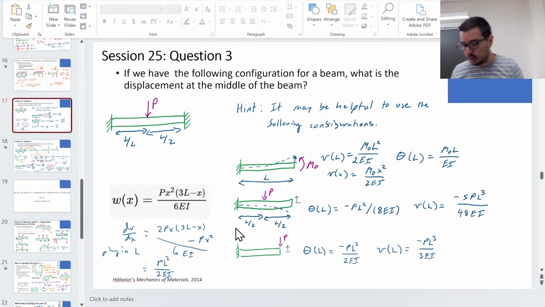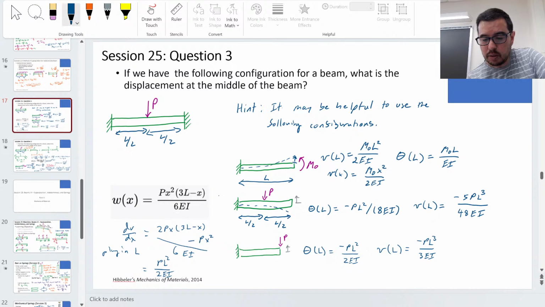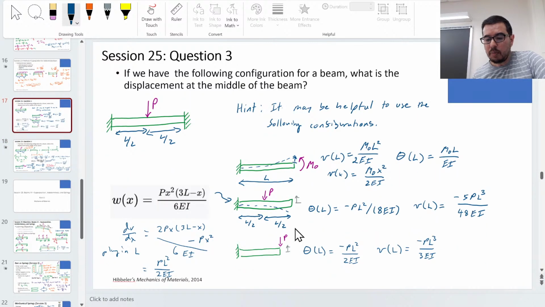I should make this more clear. So this deflection right here is for that configuration, right? So if I know that configuration, what we need to do is a couple things.